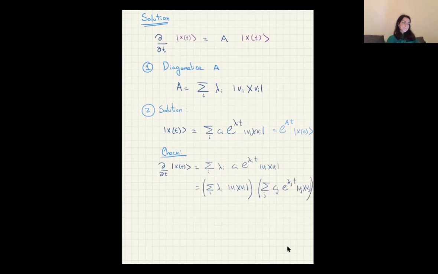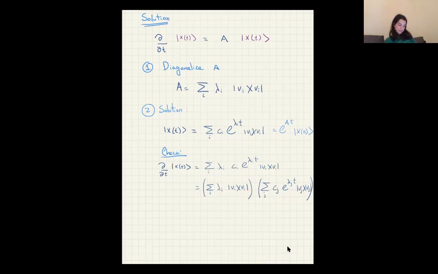Okay. Why? Because now when we multiply this and this, you get the delta_ij, right? So then we know that the terms that survive are the ones where i equals j.